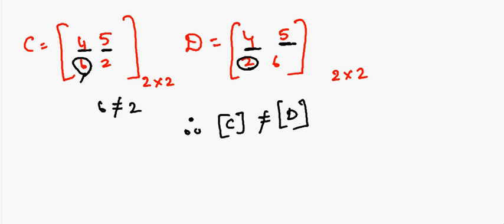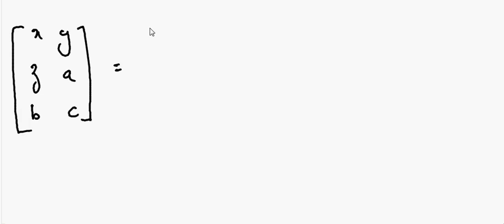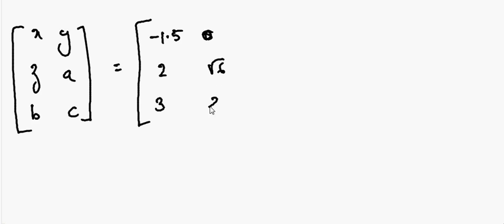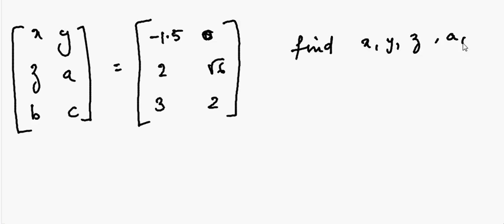Suppose we take an example: the matrix with X, Y, Z, A, B, C is equal to the matrix with minus 1.5, 0, 2, root 6, 3 and 2. Find X, Y, Z, A, B, C. I need to equate the corresponding elements. So X is equal to minus 1.5.